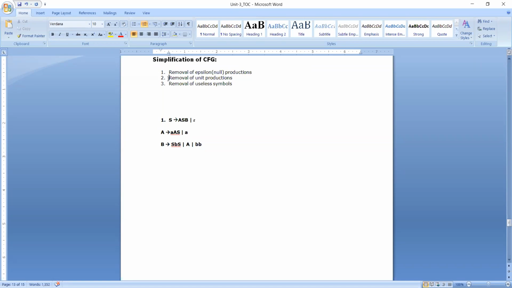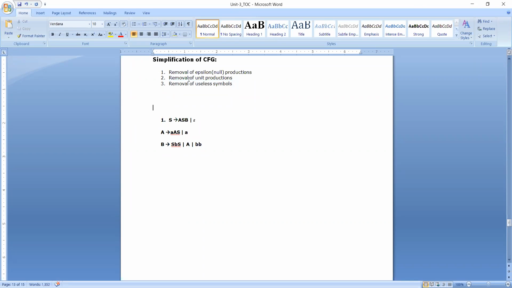Then the second step of our simplification process is to remove all the unit productions, right? Then the third step is to remove all the useless symbols.